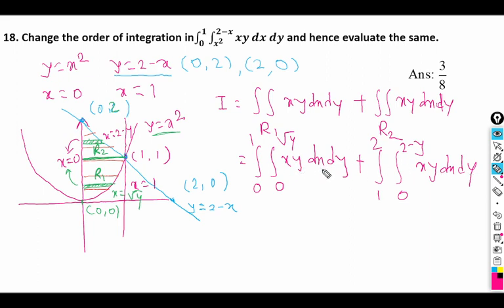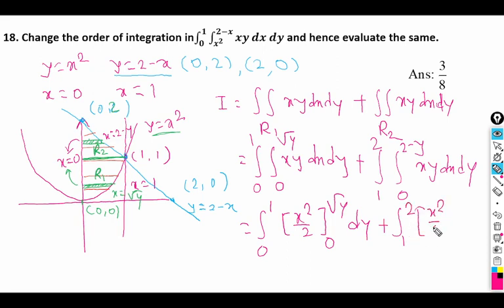We should integrate first with x and then y. When we do the first step, it is the integral from 0 to 1 of x square by 2, limits 0 to root y, dy. And similarly here, from 1 to 2, x square by 2, limits 0 to 2 minus y, dy.